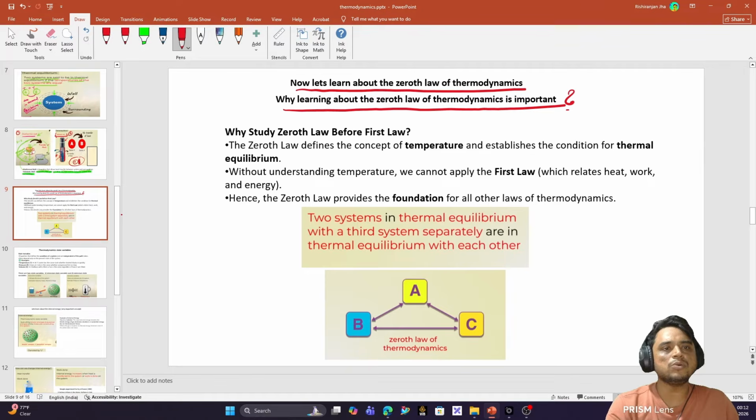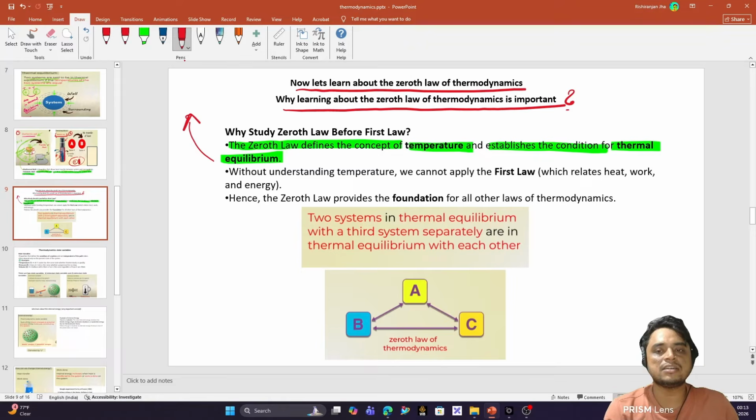If you look at my screen, the zeroth law defines the concept of temperature and establishes a condition for thermal equilibrium. So the zeroth law is very important when considered from the thermal equilibrium point of view.